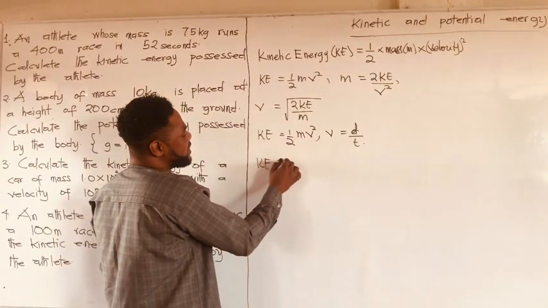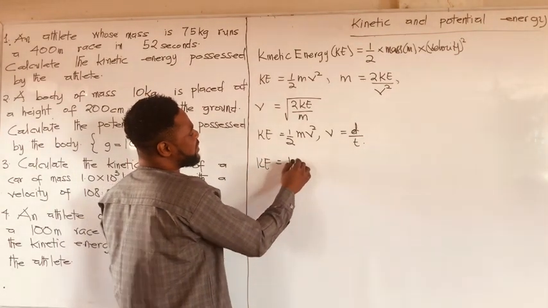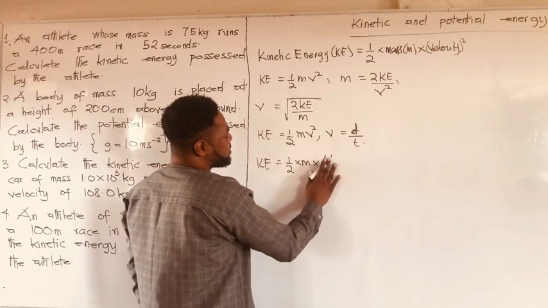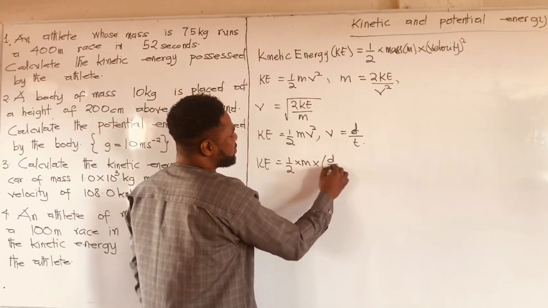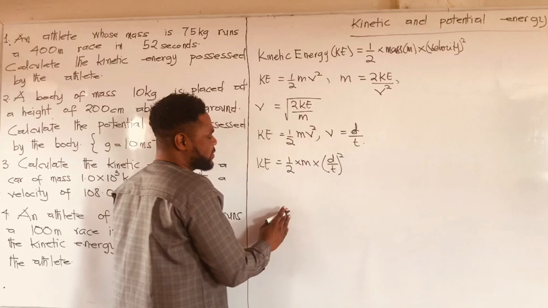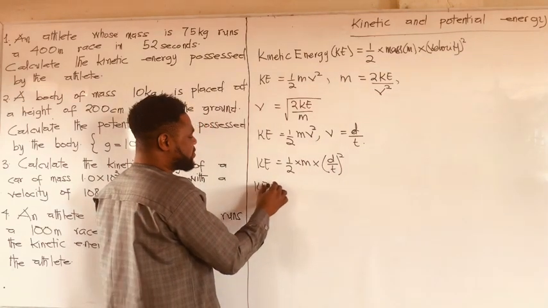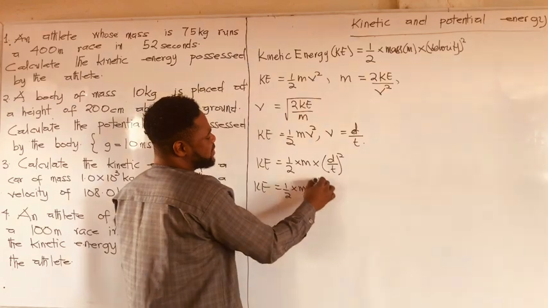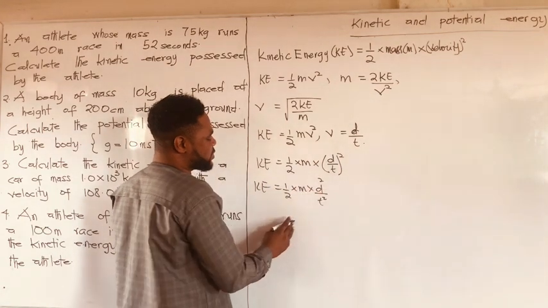And our kinetic energy can also be given as half multiplying the mass, multiplying distance over time, all squared. We can break this formula down. That will be D squared over T squared.